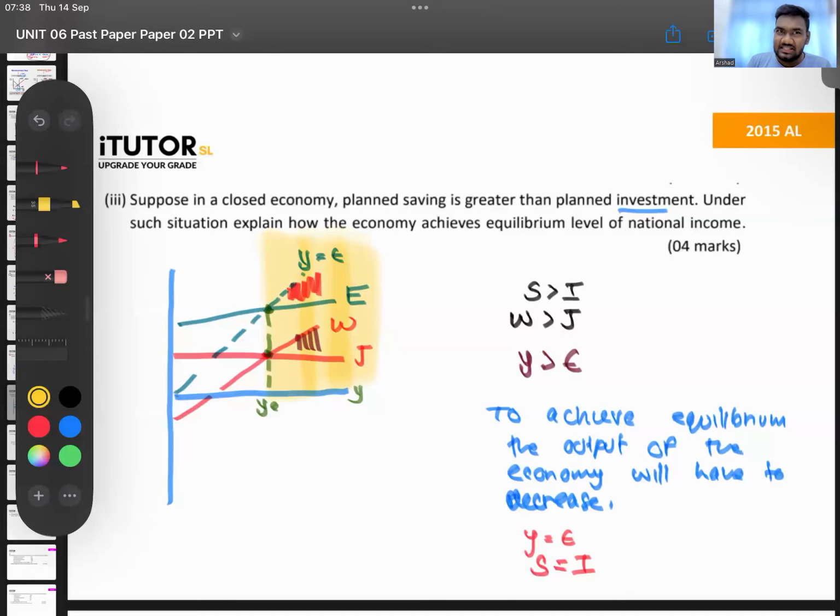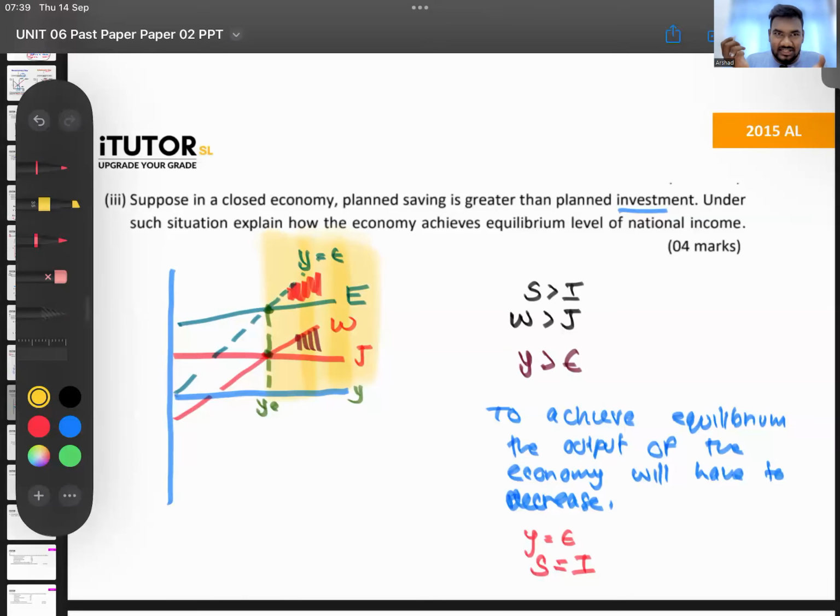So you start your answer by saying when savings is greater than investment, that is when withdrawals are greater than injections, the aggregate output will be greater than the aggregate expenditure. Start your answer like that. And then you can say, in a situation like this, the aggregate output of an economy will have to decrease, because there is so much output, people are going to spend only a little, no?